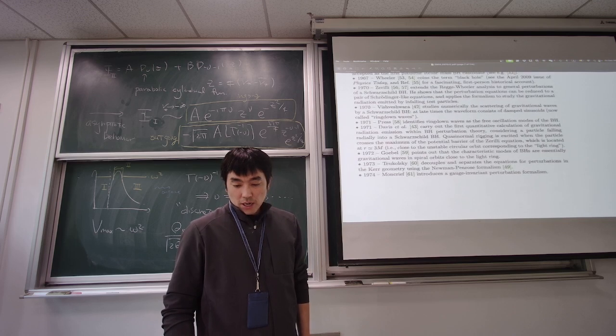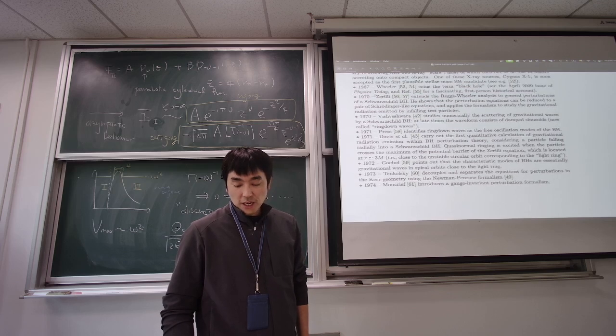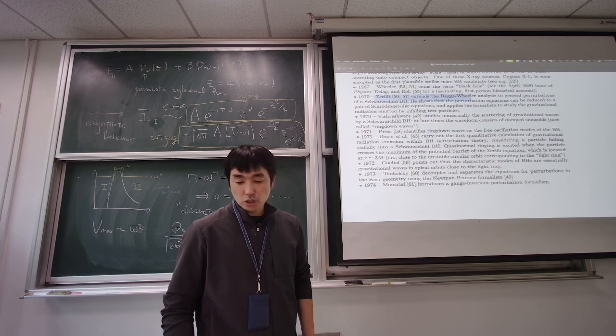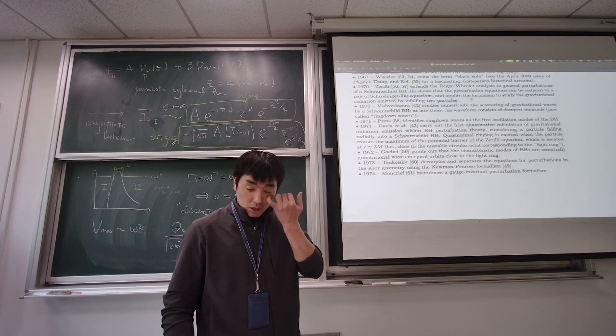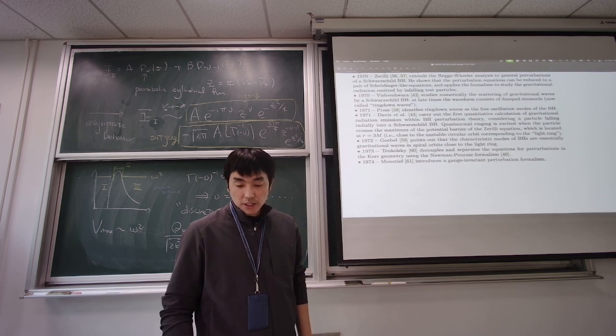And then Zerilli also found the even, or polar, version of the perturbation solution. Then in 1973, Teukolsky applied this Newman-Penrose formalism to Kerr geometry to get the Teukolsky solution.